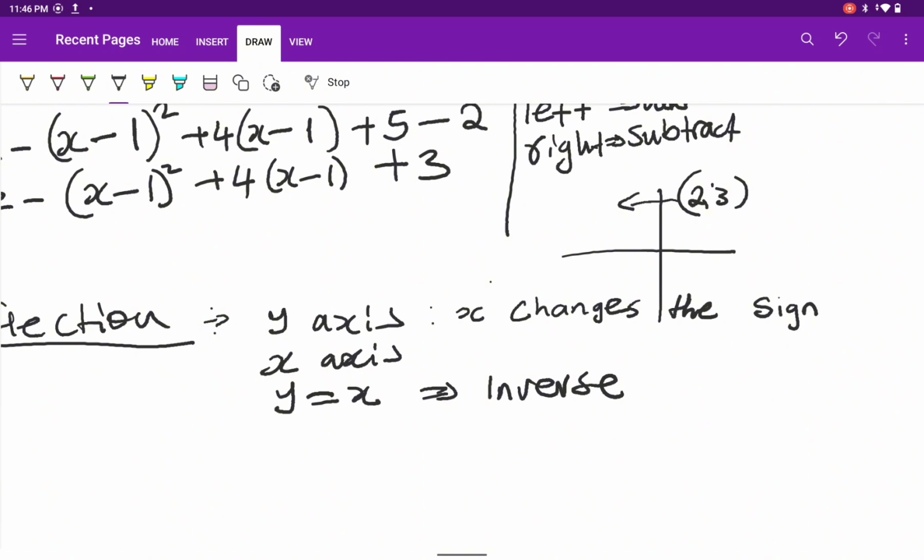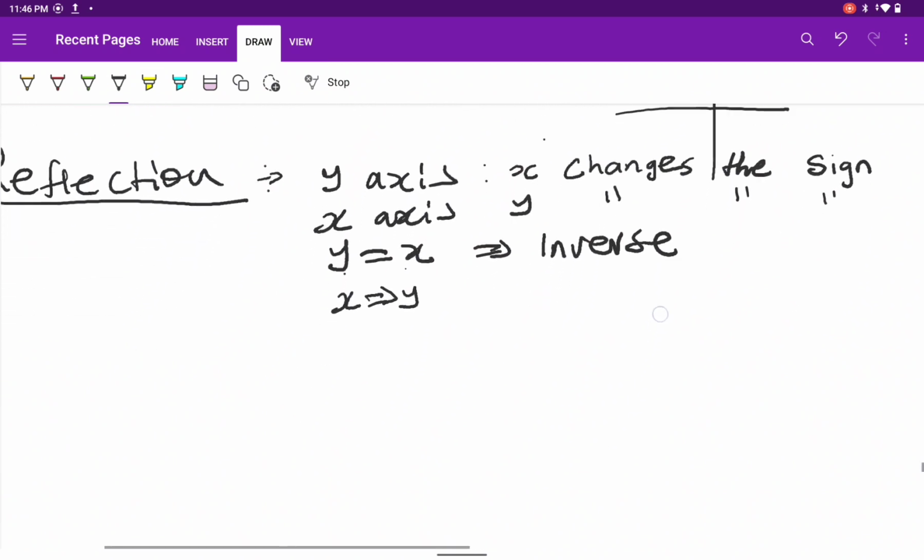So when we reflect along the x-axis, it's now y that changes the sign. When we reflect along the line y equals x, it is the inverse: x tends to y, y tends to x. So they exchange positions. All right, so let's take the 3 examples.